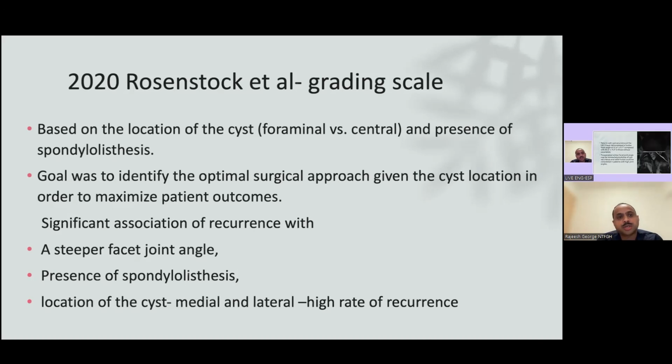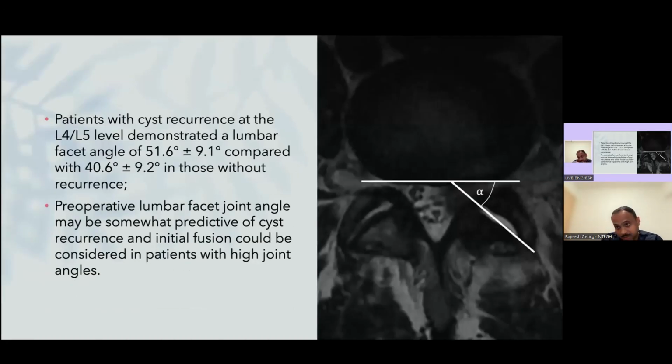So this is the facet angle when you measure with a line drawn parallel to the disc. Anything above 50 degrees has a high chance of a steep angle and a high chance of recurrence, obviously causing more spondylolisthesis. But all these studies are for open decompression.